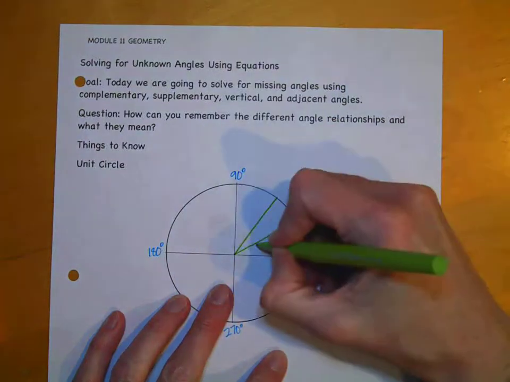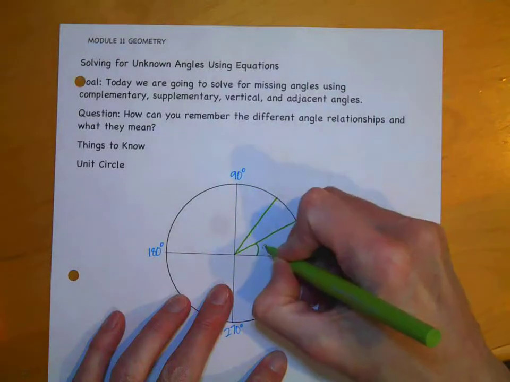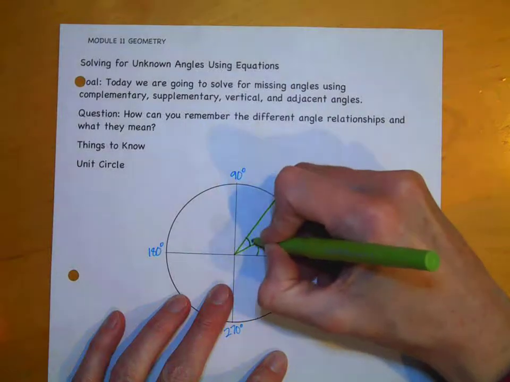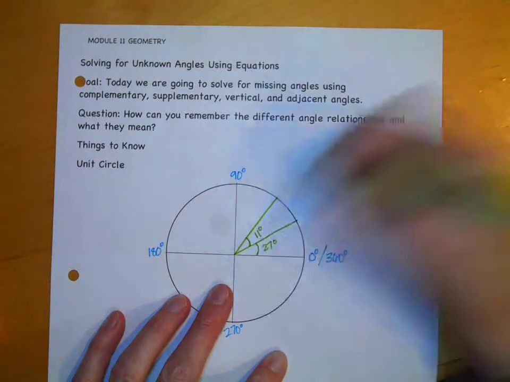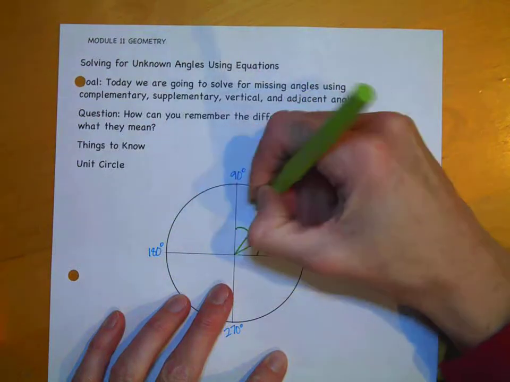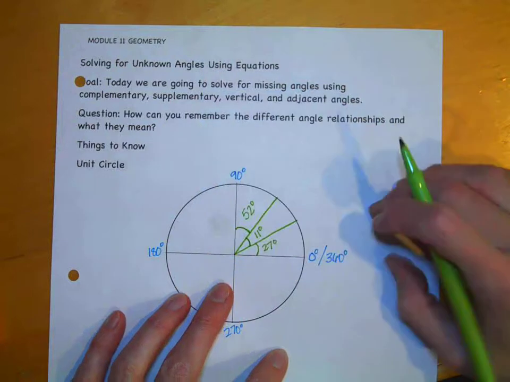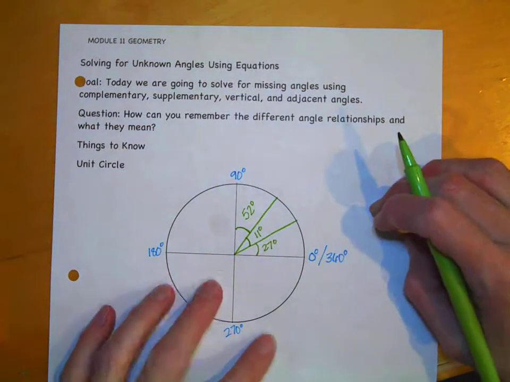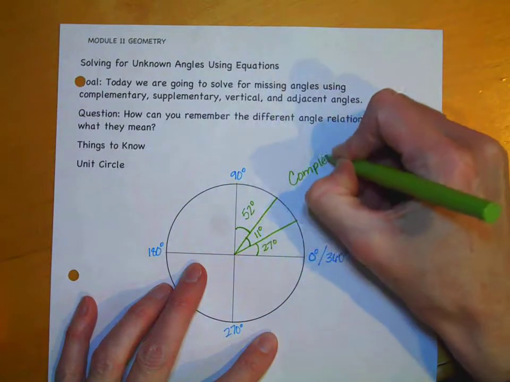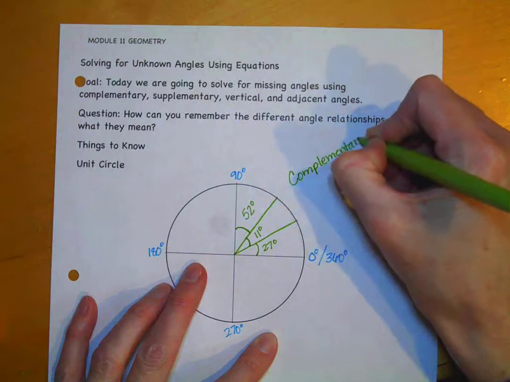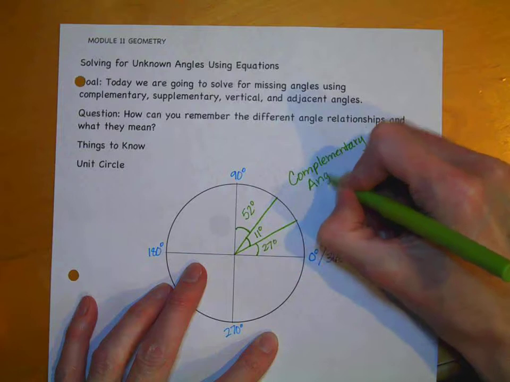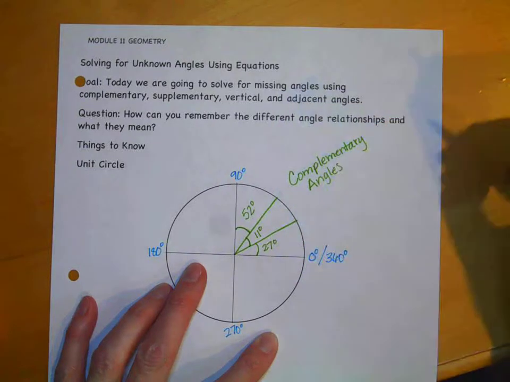Let's say that this angle measure is 27 degrees, and this angle measure right here is 11 degrees, and then this angle measure right here is 52 degrees. Well, what we could say about all three of those angles is that all three of them are complementary angles, and the reason that they're complementary angles is because when you add them all together, they equal 90 degrees.